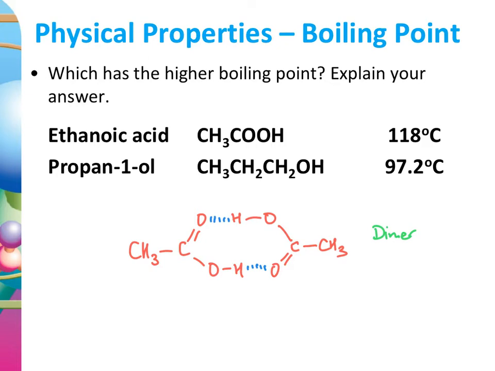In effect, it's perhaps stretching it a little far to say that we now have a bigger molecule, but between dimers we will have stronger van der Waals interactions, because we do have overall a larger Mr. So it results in greater van der Waals forces, and those coupled with the hydrogen bonding are the reason why ethanoic acid has a 20 odd degree higher boiling point than propan-1-ol.